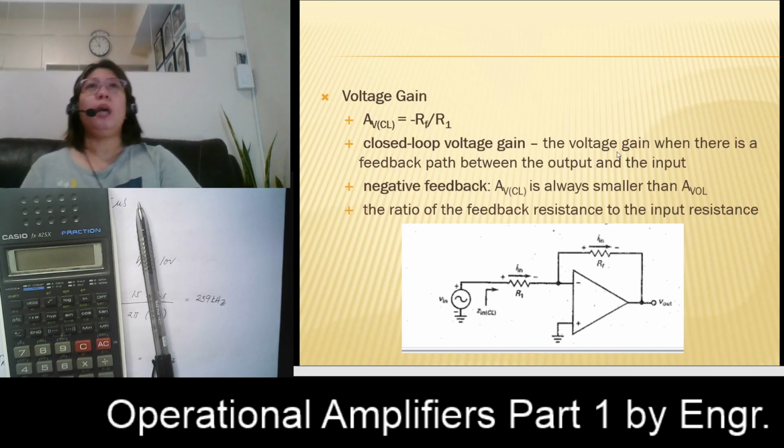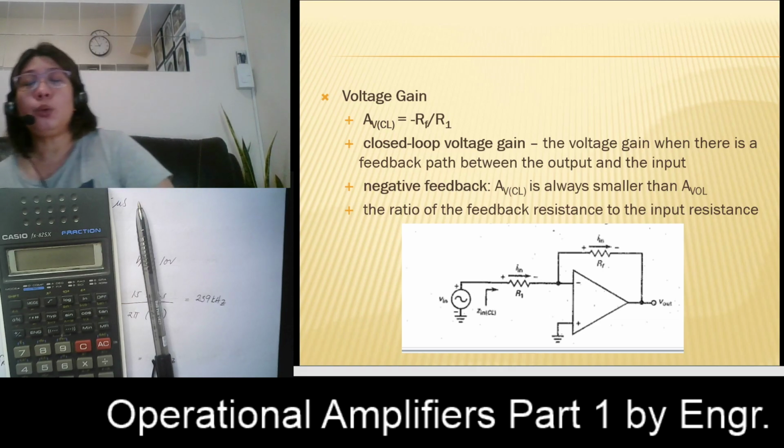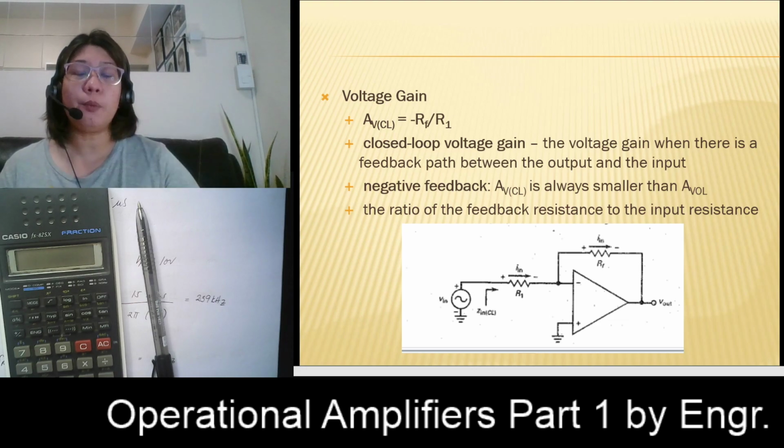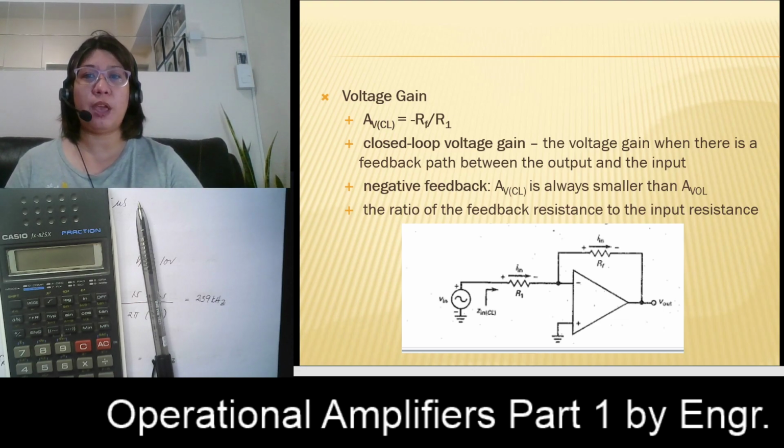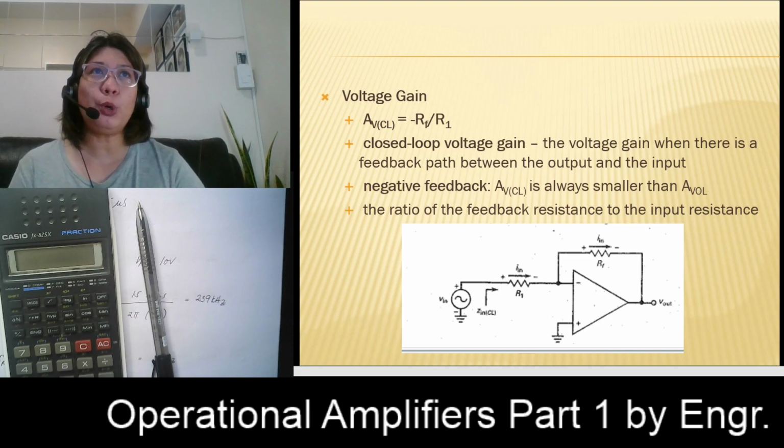The voltage gain for our inverting amplifier is given by this one. This is what we call AV, the voltage gain, and this time we have a closed loop. So it is no longer open loop.